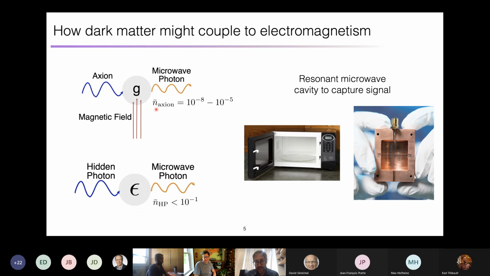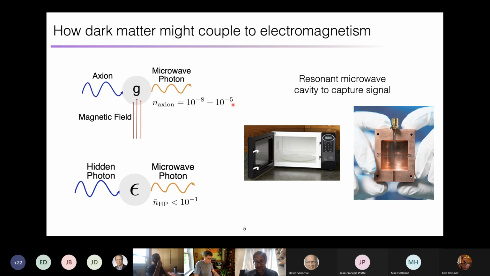What we do is we take a box, it could be literally a copper box like this, and we seal it up and try to make it as dark as possible, and then we look for microwave photons to appear. That's the basic experiment. It's called a haloscope experiment. We basically just have a box that's completely sealed, and you look for photons to spontaneously appear.